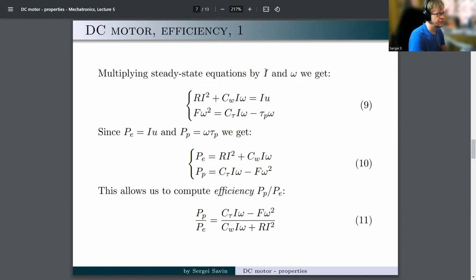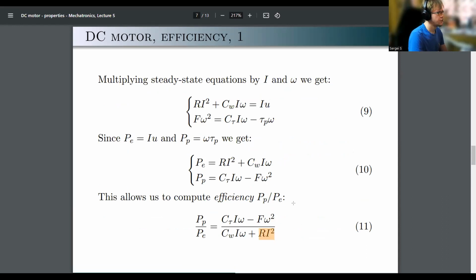Another observation is that here we have this component in the denominator, which is essentially the power of heating. So this is the power of heating of the resistor, how much the resistor is heated. Here we directly have it. This you could call, I guess, the power of back EMF, if you want.